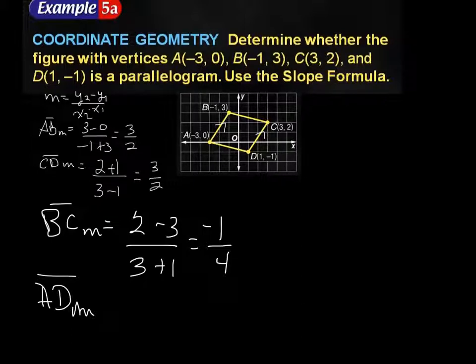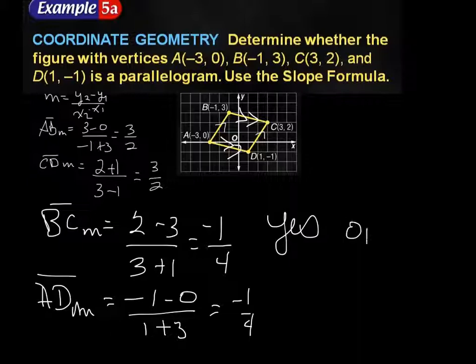Slope of AD, change in y, so we'd have -1 minus 0 over change in x, 1 minus -3, and once again I get -1/4, so those two are also parallel. So this would be a yes, because opposite sides are parallel.